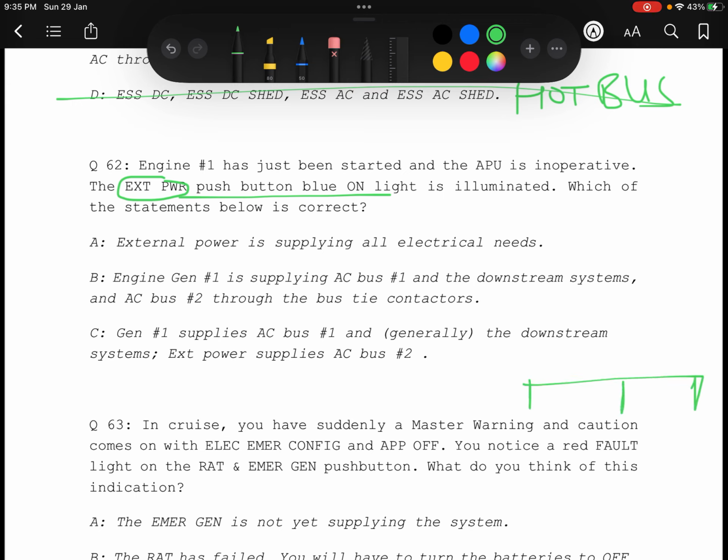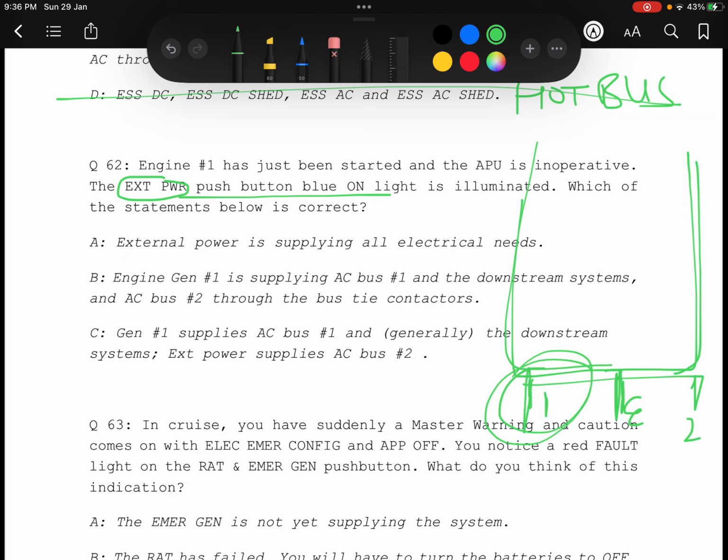Let's say this is engine number 1, this is 2, and this is external. Initially external was the power which was supplying both lines, left and right. It is for our reference only, right? But once engine 1 has started, engine 1 will say, now I will take care of my side, you just do your work, right?